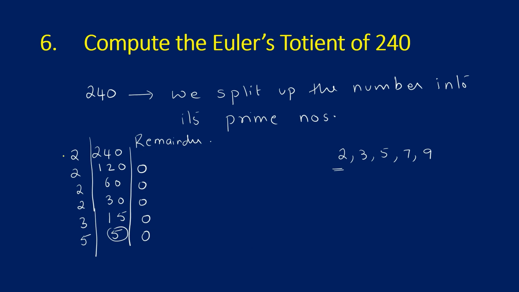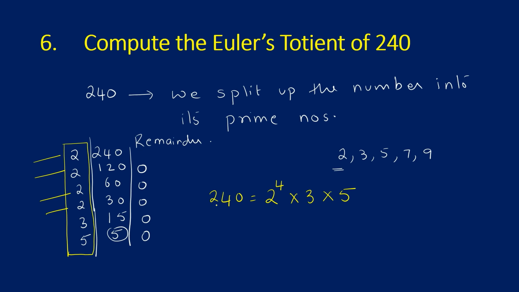So we can represent 240 using these prime numbers. That is, 240 can be represented as 2 raised to the power of 4 into 3 into 5. So we have represented 240 as a product of its prime numbers.